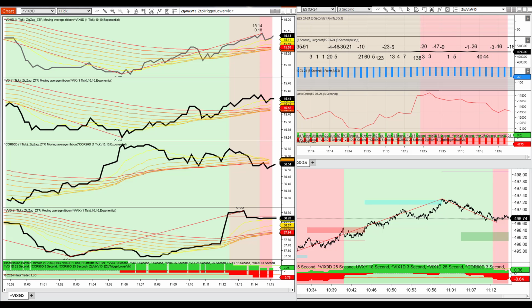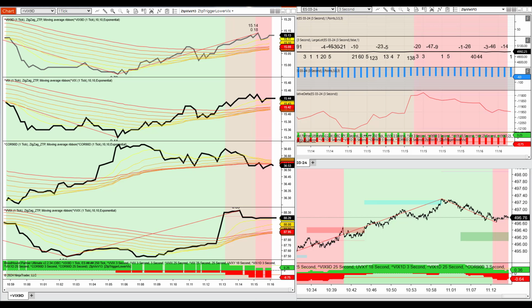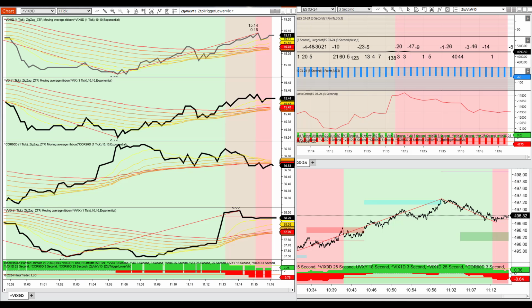Okay, I've forwarded some, and what you can see is now that what we have are rising VIXs. We have Bloodhound painting red in the trends, and we're going to trade into a short trade.